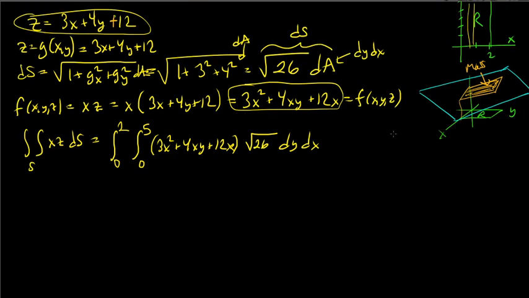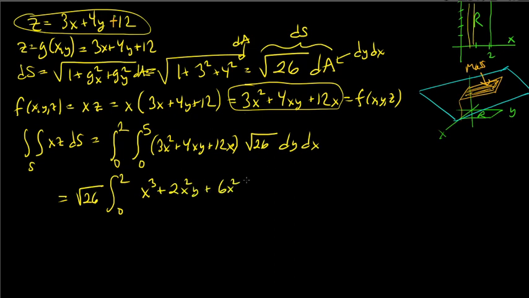All right, so this is a pretty standard double integral we did in chapter 14. Square root of 26, that's a common factor that can come outside. Let's do the inside integral first. With respect to x, we're going to get x cubed plus 2x squared y plus 6x squared.